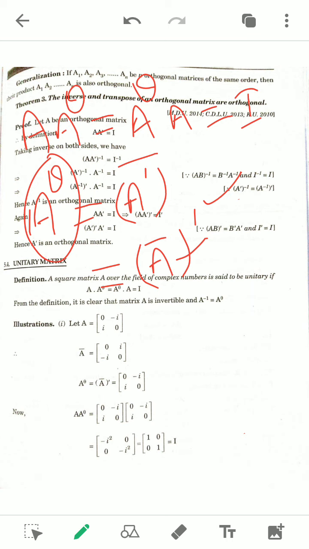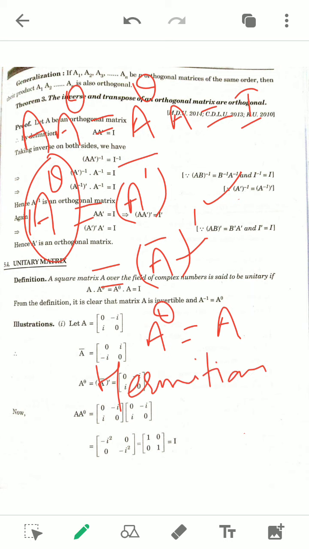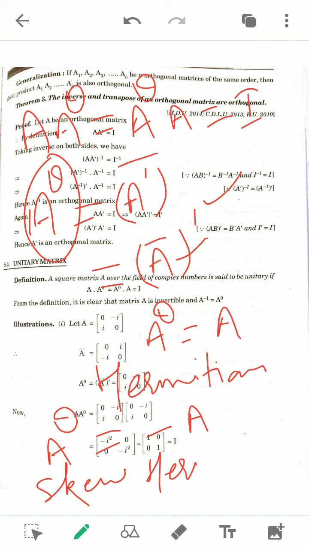You are very well aware of Hermitian and skew Hermitian matrices: if A theta equals A, we say matrix A is Hermitian, just like if A transpose equals A, then A is symmetric, and if A transpose equals minus A, the matrix is skew symmetric. Similarly here, if A theta equals minus A, then it is a skew Hermitian matrix.